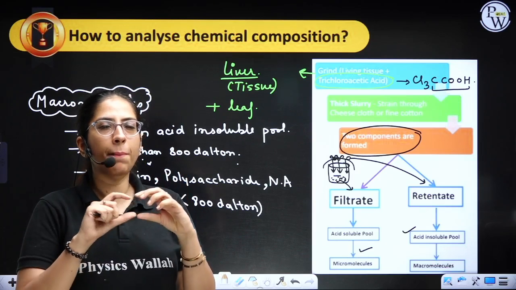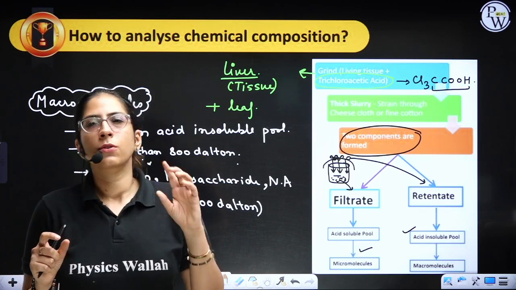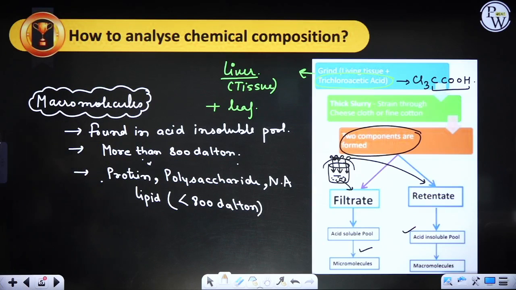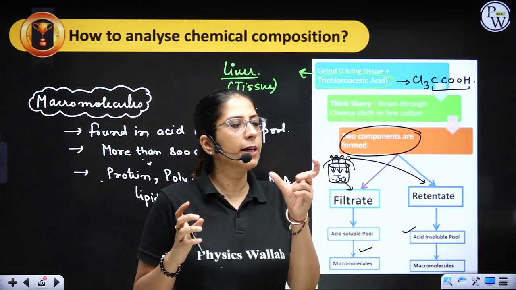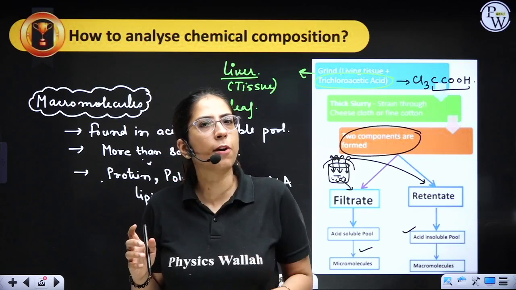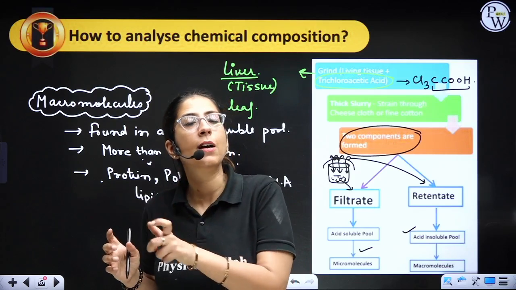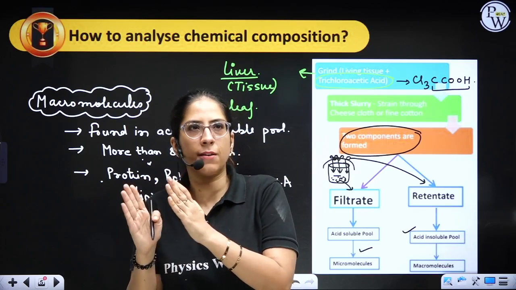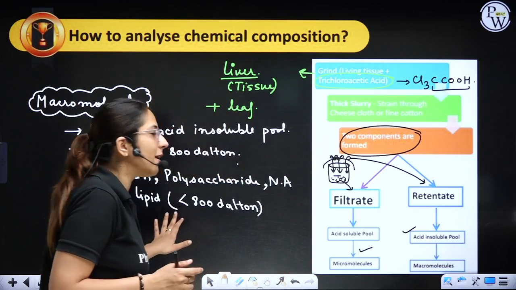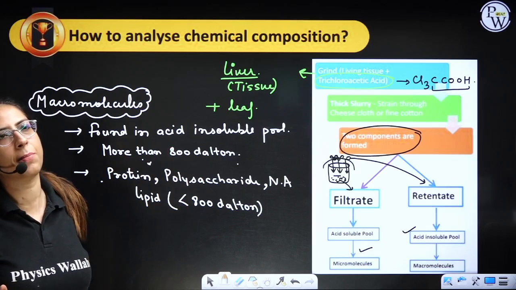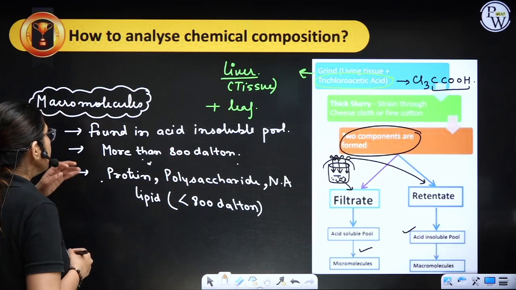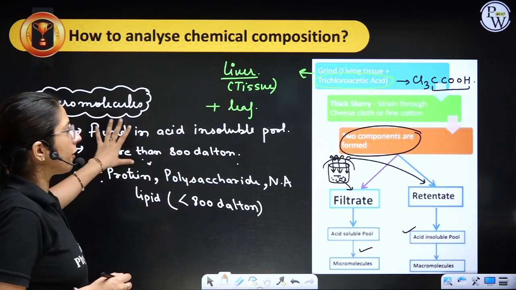When the plasma membrane breaks down, the lipid bilayer is present in the form of fragments. So their size is less, but because they are complexed with other substances also, that is the reason they are kept under the macromolecule category. Clear? So macromolecule is clear.